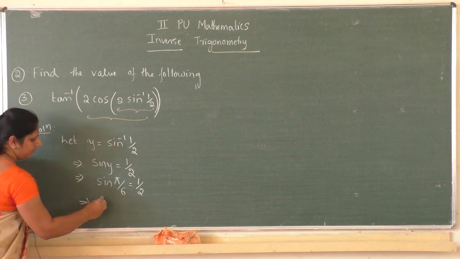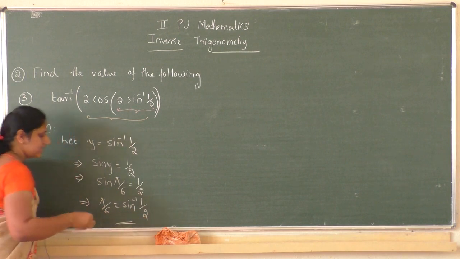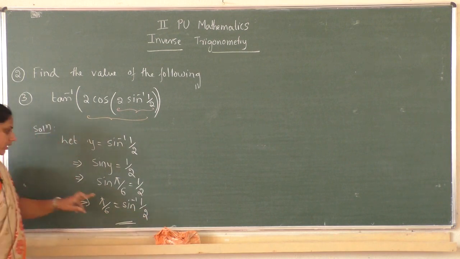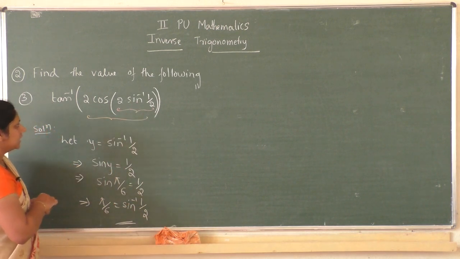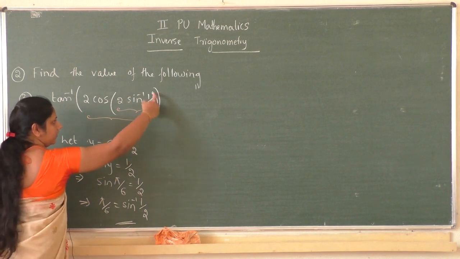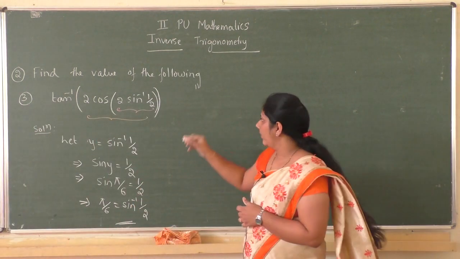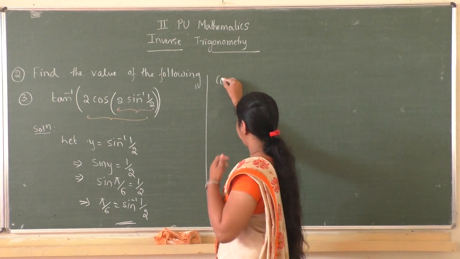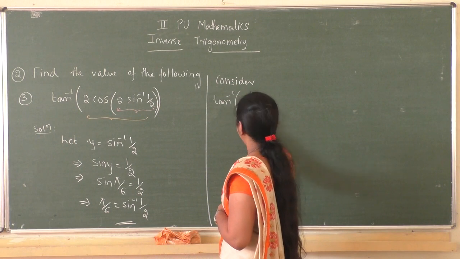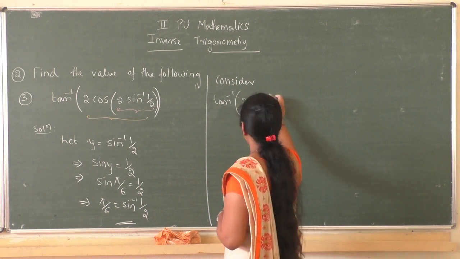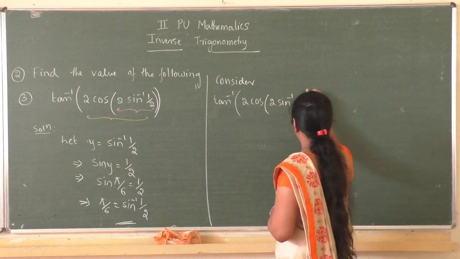Therefore pi by 6 equals sine inverse half. So we got the value: sine inverse of half is pi by 6. Now in the place of sine inverse half we have to write pi by 6. So consider tan inverse of 2 cos of 2 sine inverse half.